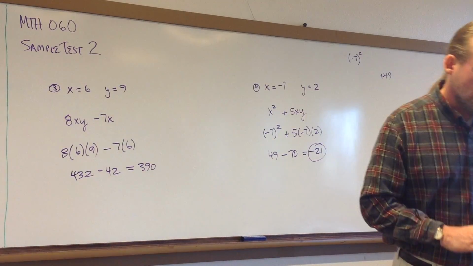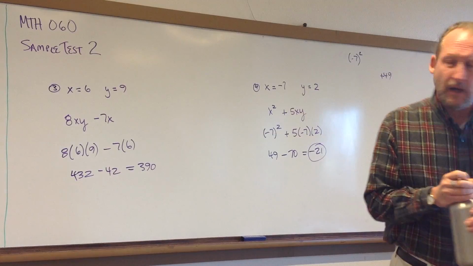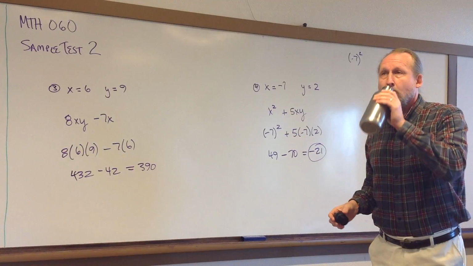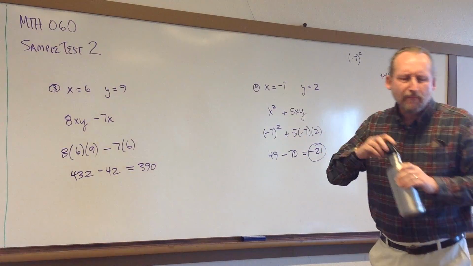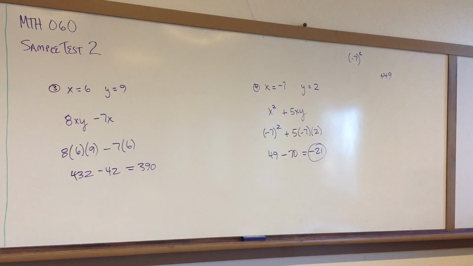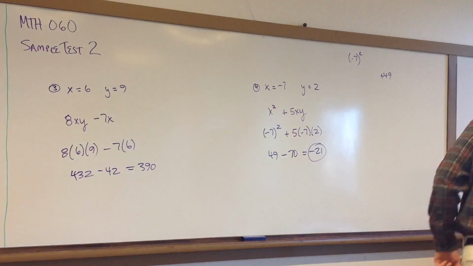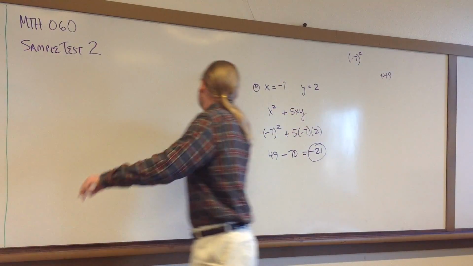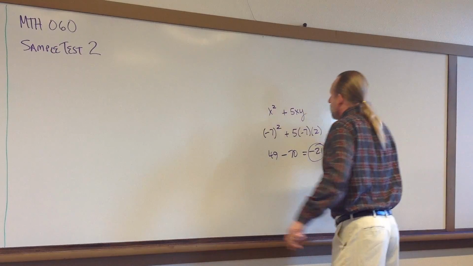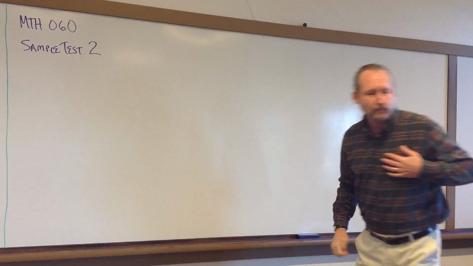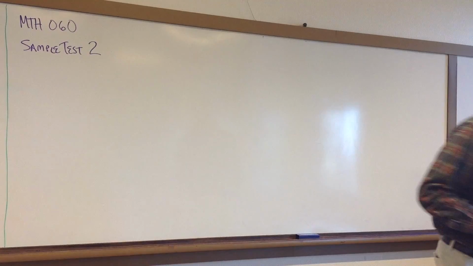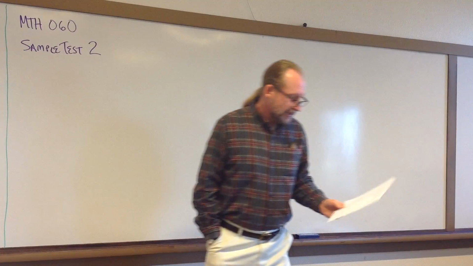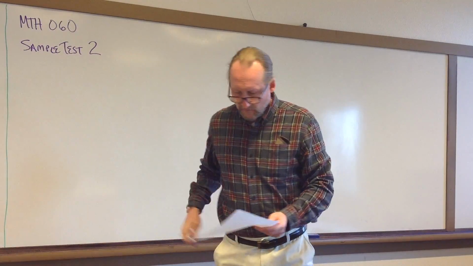Okay, so that's the first section here. Problems 1 through 4 is all about substituting and finding a value. Next section here. So for problem 5, it says use the distributive property to simplify each expression.